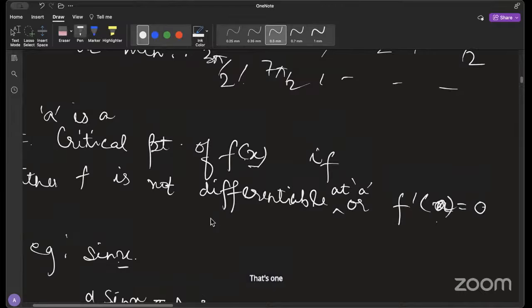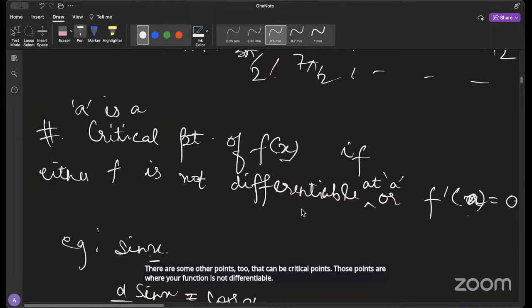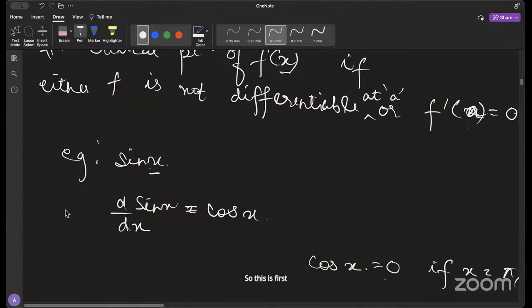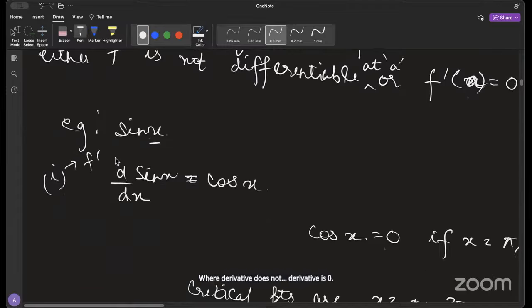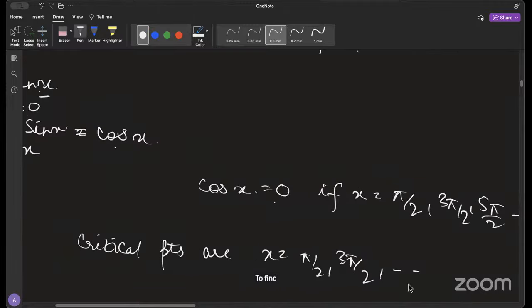And then there are some other points too that can be critical points. Those points are where your function is not differentiable. So this is the first one, where f'(x) is 0. This is the derivative of your function, cos x, and you've equated it to 0 to find the critical points.